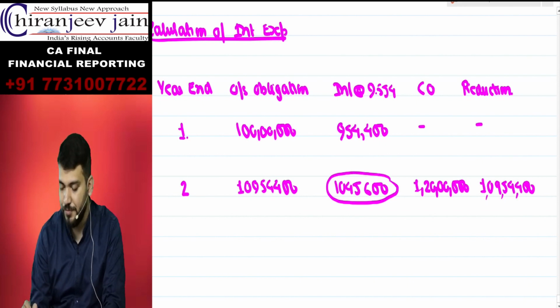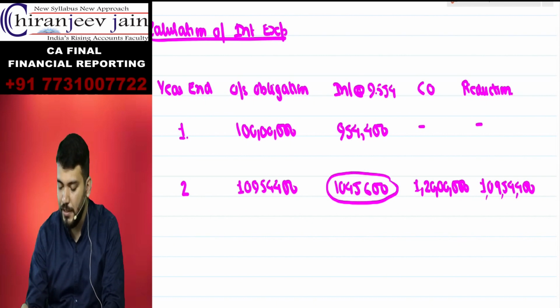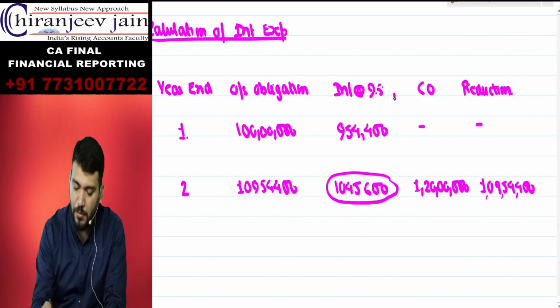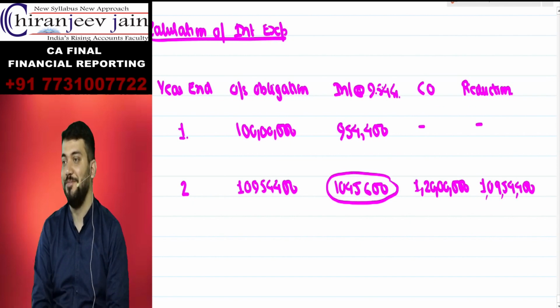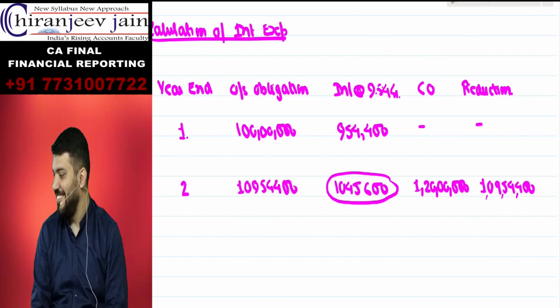This will be how much? Whatever you are taking, that is correct. Whatever you have done, that will be correct. Take whatever rate you want to take. Arey, in this you are fighting, batao, 5455.